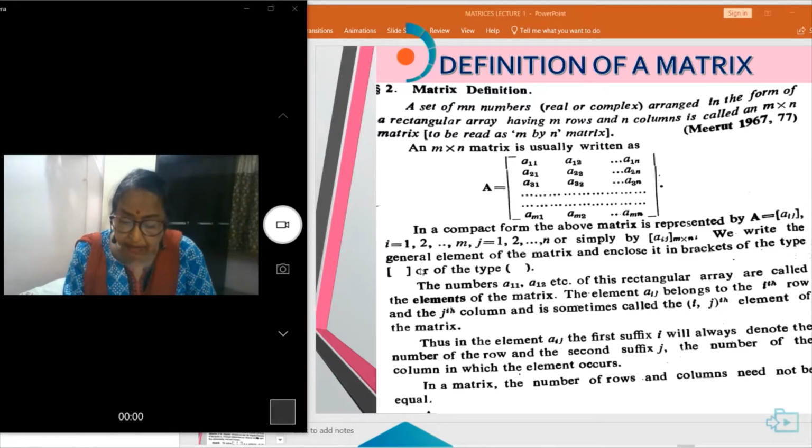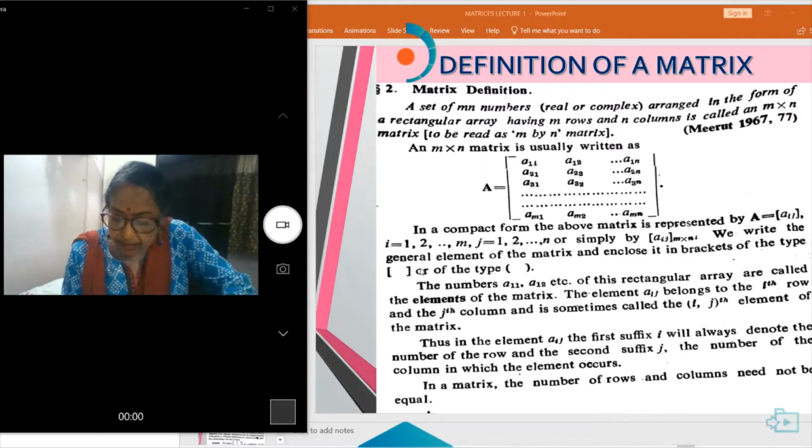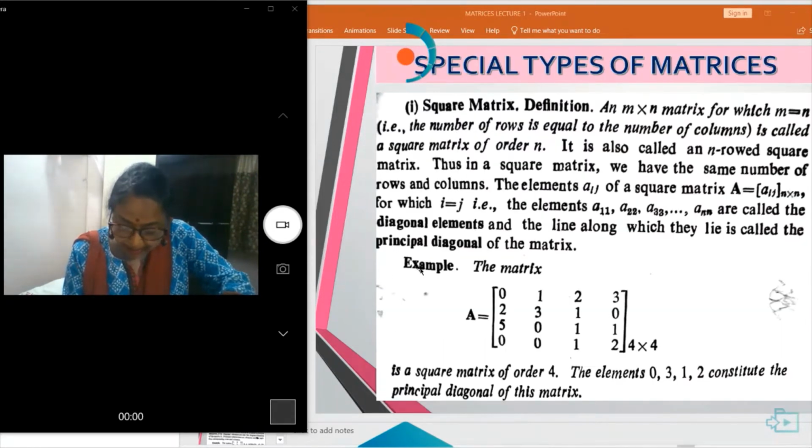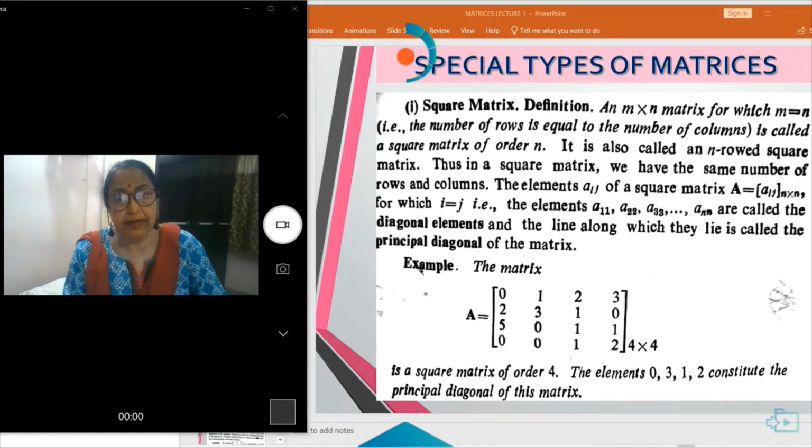So this can be written as a_ij, i for the row and j for the column, within brackets, m cross n. So a matrix can be written in the form (a_ij) of size m cross n.